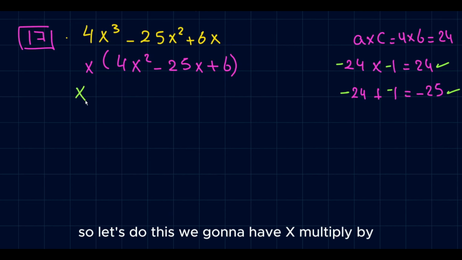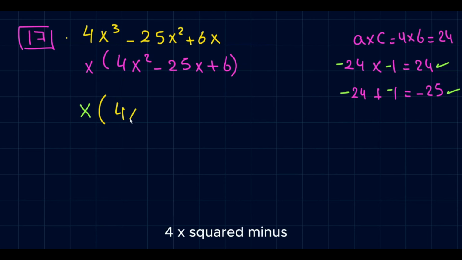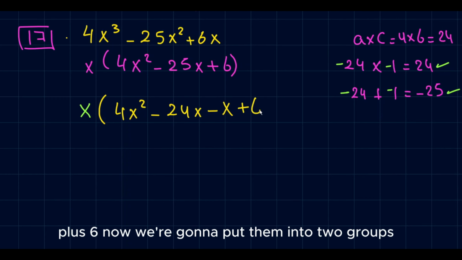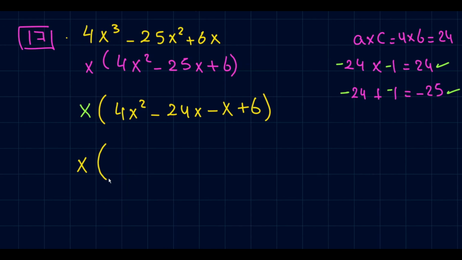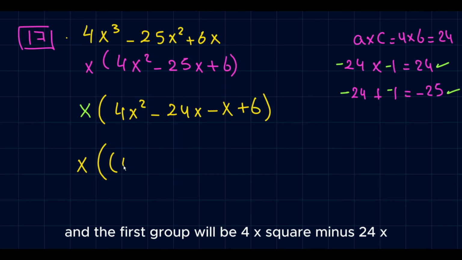So let's do this. We're gonna have 4x squared minus 24x minus x plus 6. Now we're gonna put them into two groups. We are gonna have x over here, and the first group will be 4x squared minus 24x.